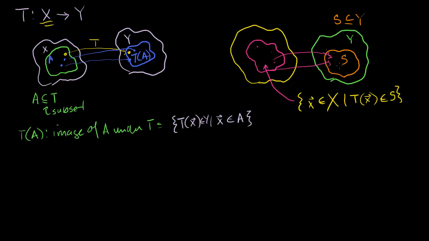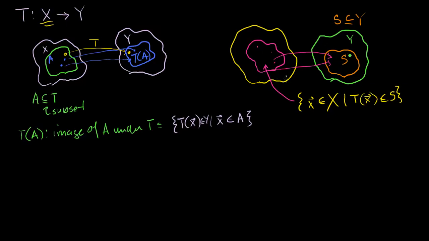Now, I want to point out a very subtle nuance here. I'm not saying that every point in S necessarily gets mapped to. For example, maybe there's some element in S right there that no element in X ever gets mapped to from our transformation T. That's okay.